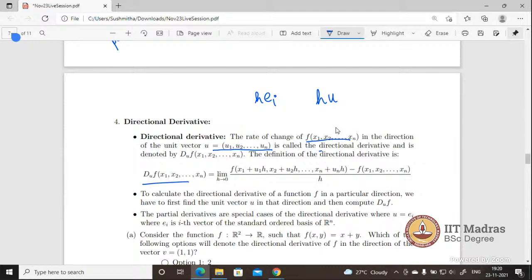So is it clear here? We have x1 plus u1 h, x2 plus u2 h, etc., xn plus un h. This gets replaced with h u. Is it clear? This is a unit vector.